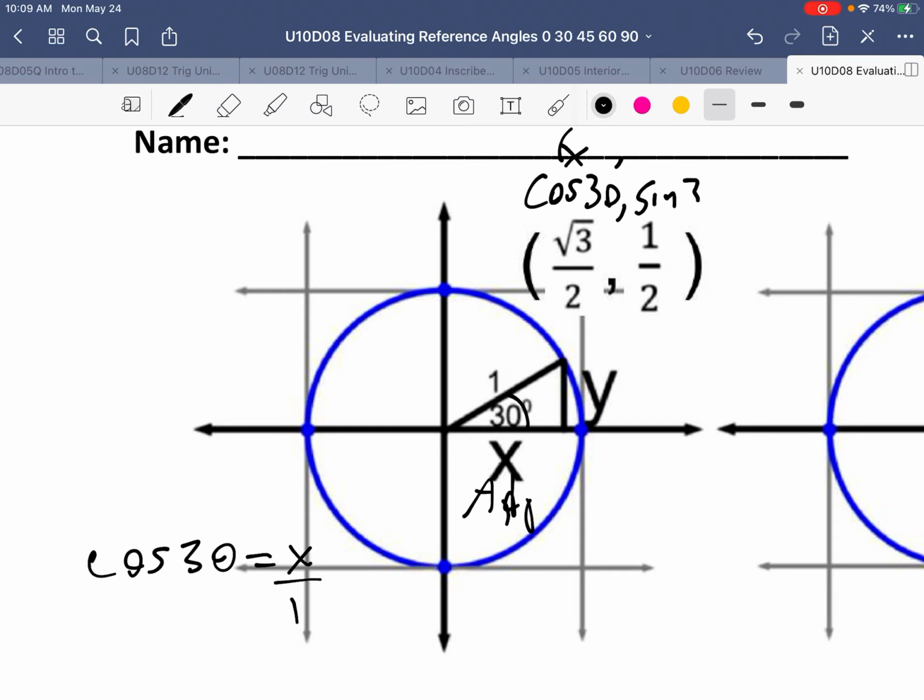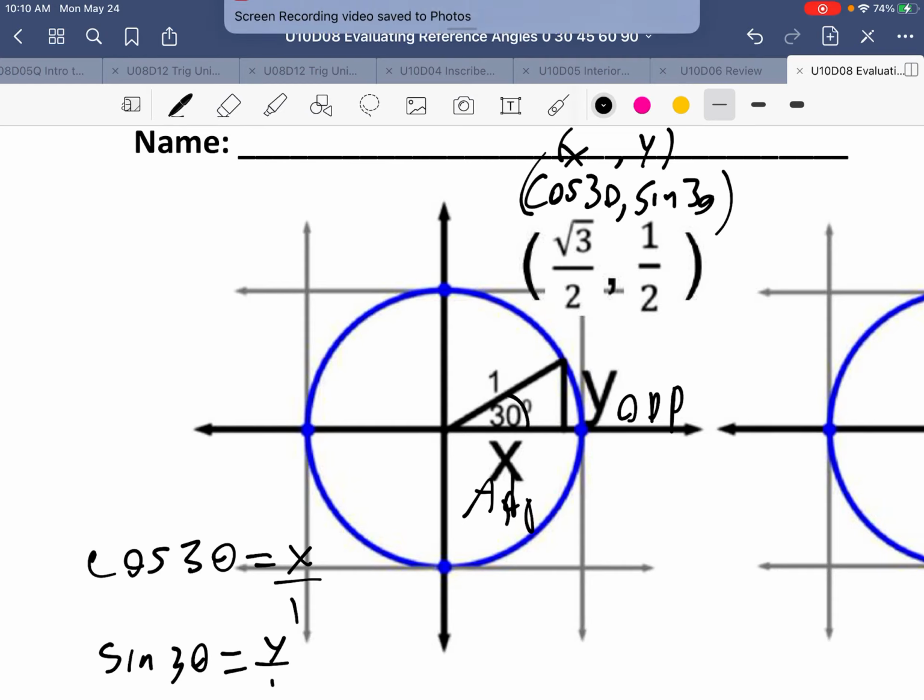And our y value was the sine of 30. For similar reasons, this was the opposite. So the sine of 30 was equal to y over 1, and it gave us 1/2. So the cosine of 30 was our x value, the sine of 30 was our y value. And that's pretty much how it's going to be for all functions here.